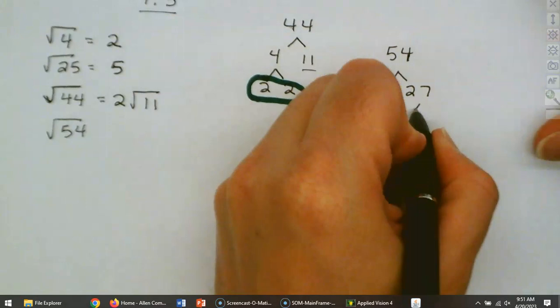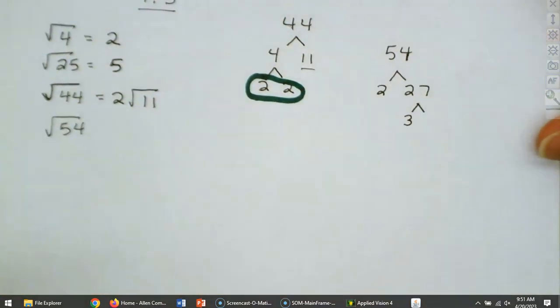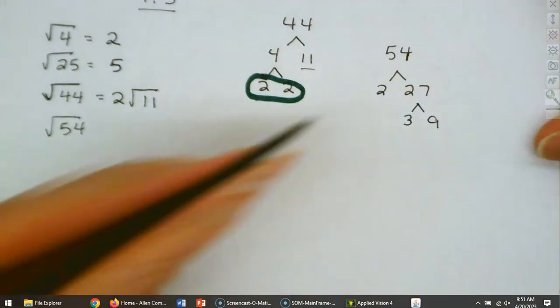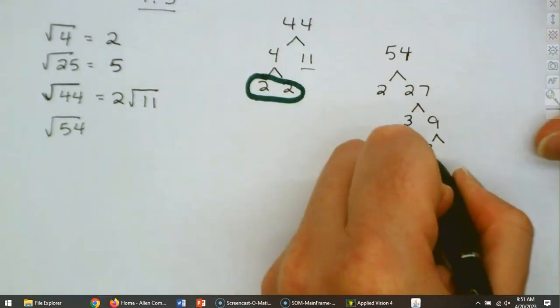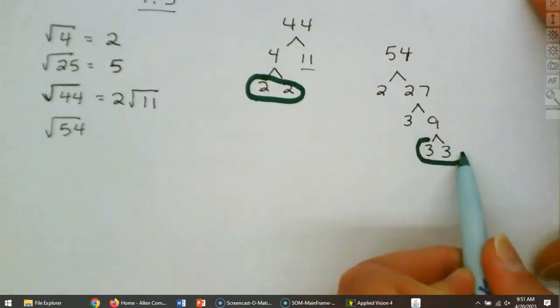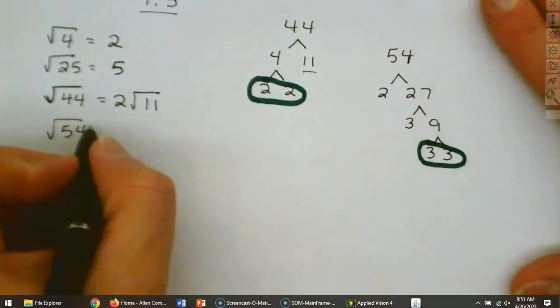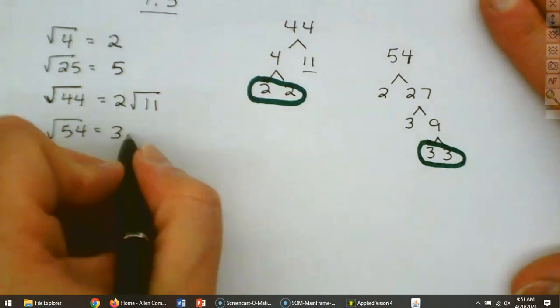Now we can break down that 27 a little bit further, into 3 and 9, and 9 is a perfect square of 3 and 3. What we want, and this is important for college algebra because we break down a lot of roots, is pairs. So this pair of 3's, they're linked together, and that pair comes out as a single 3.